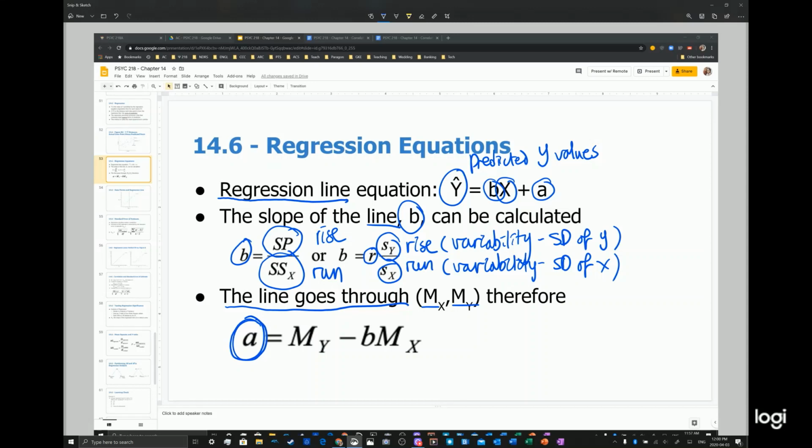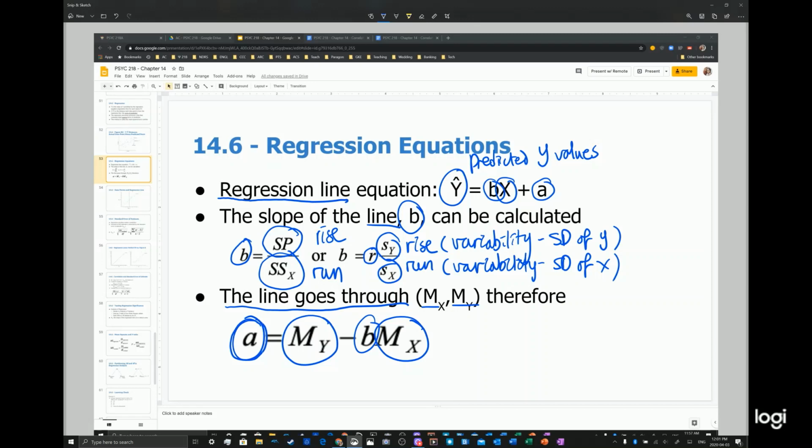Here we have the mean of y, which we can figure out with our actual data. The slope we figure out using the sum of products and the sum of squares x. Or if we have your Pearson R, your correlation coefficient, then we need R and your standard deviations for y and x. And then we also need the mean value of your x values.